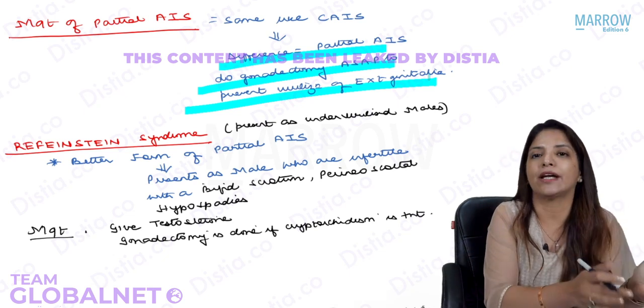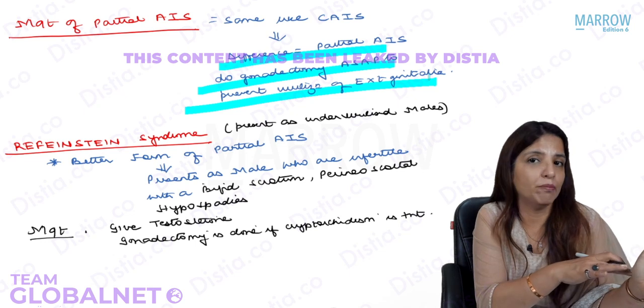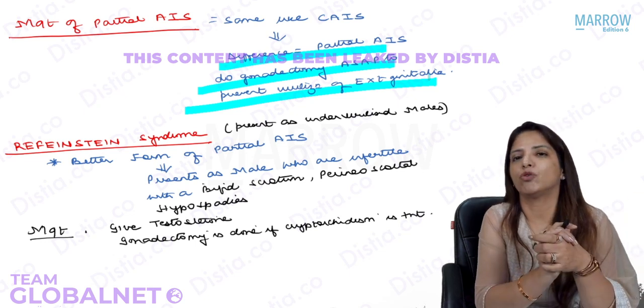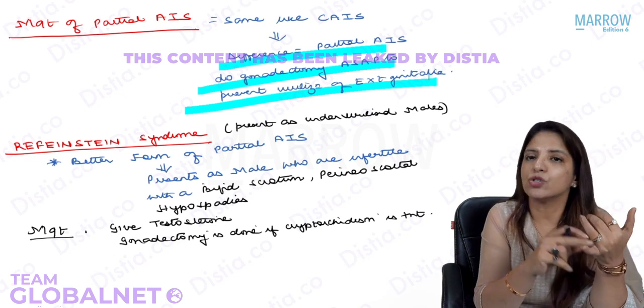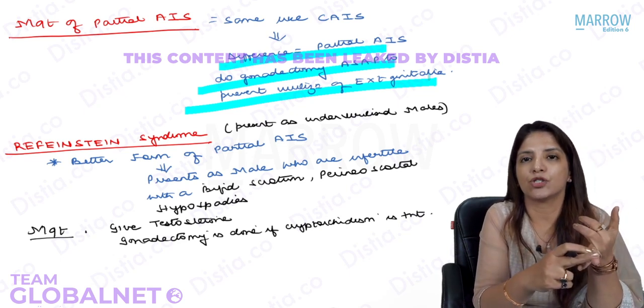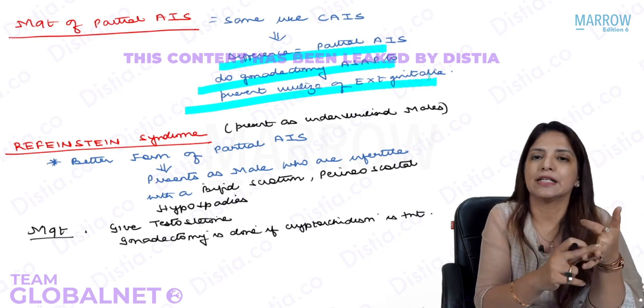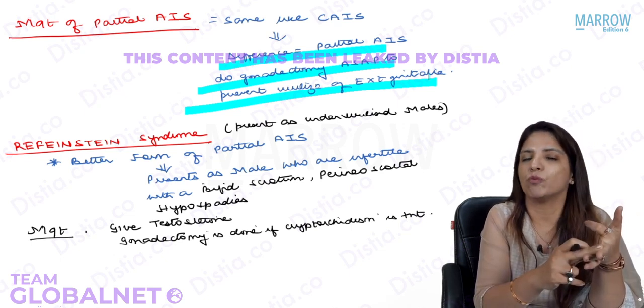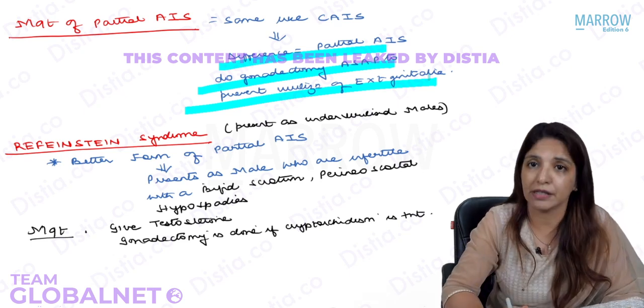And we are going to let them be female, so we do not want the external genitalia to look more and more male-like. That is why in them gonadectomy should be done as soon as possible. So in Swyer syndrome and in partial androgen insensitivity syndrome, you have to do gonadectomy as soon as possible, whereas in complete androgen insensitivity syndrome, you have to do gonadectomy at the age of 16 to 18 years.